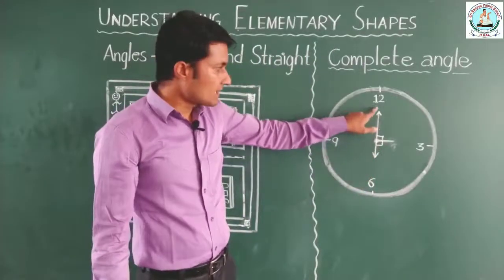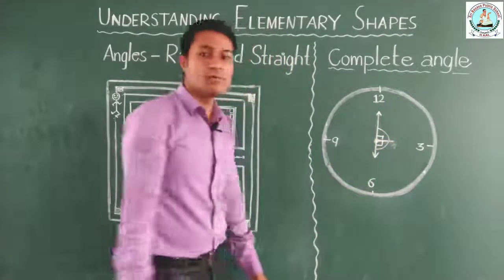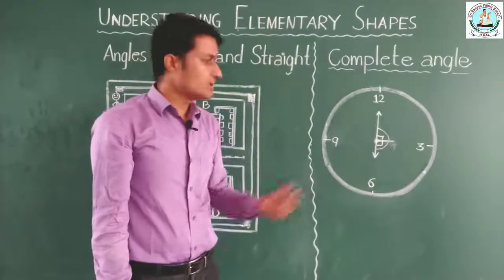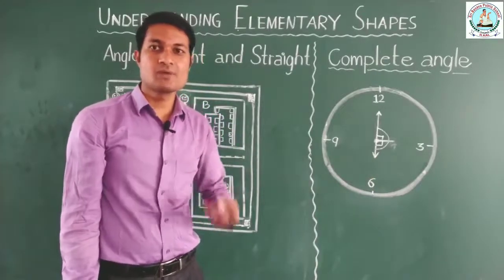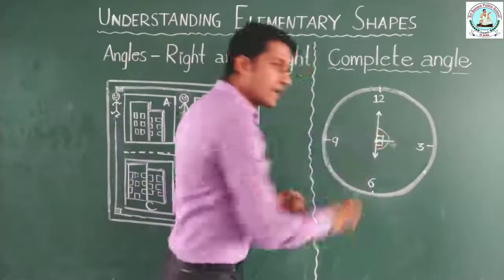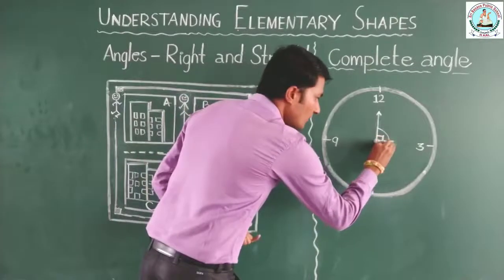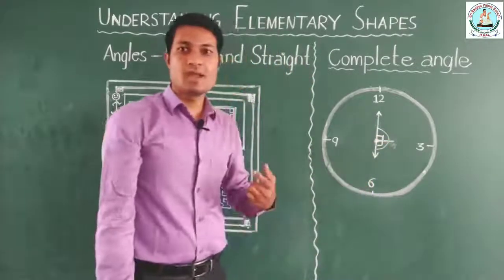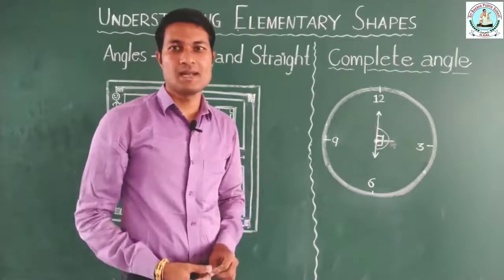So now it has covered half a revolution, right? Half a revolution means 2 right angles, and 2 right angles mean 180 degrees. One right angle means 90 degrees, that is 1/4 of the revolution, and if you cover 2 right angles, that is half of the revolution. So half of the revolution is always equal to 180 degrees.